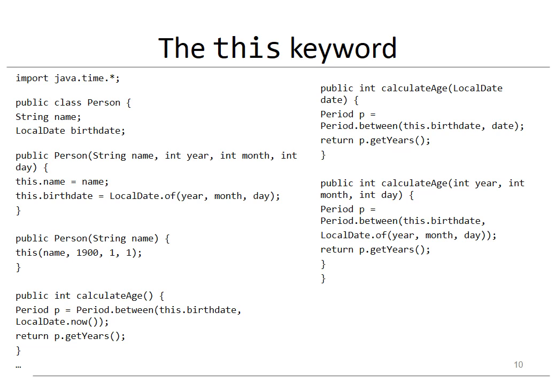The second calculateAge method uses a specified date instead of the current date. This could be handy if you would like to know how old a person was when he or she graduated high school, for example. Finally, the third calculateAge method specifies the input date as three integers, one for the year, one for the month, and one for the day.